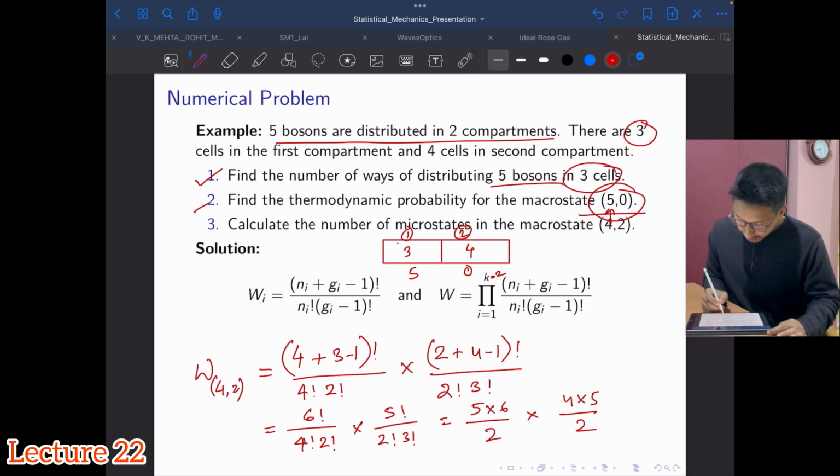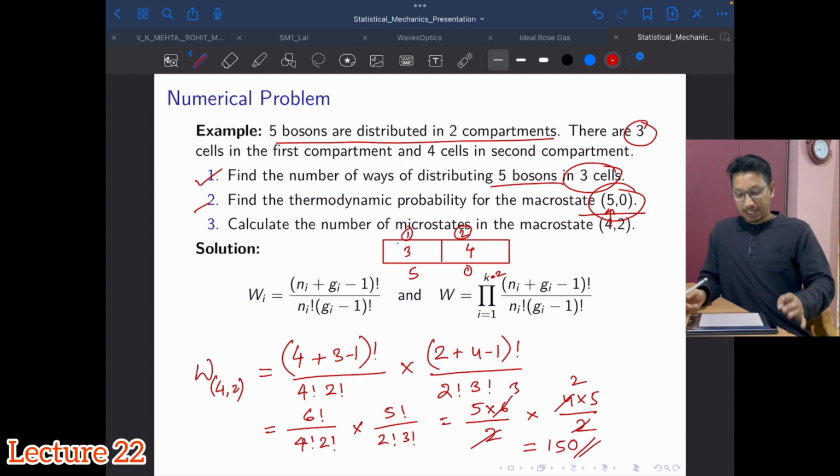So I will get, this is 3, this is 2, so this is 15, so then I will get 10. So I will get the answer to be 150. So the number of microstates in the macrostate 4,2 will be 150.